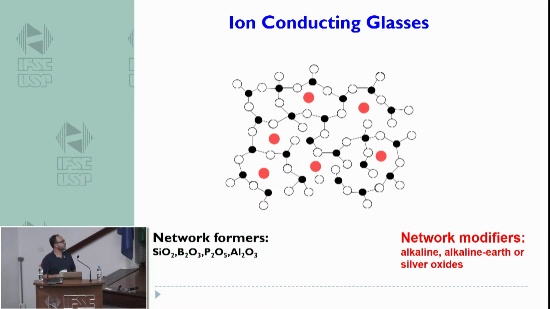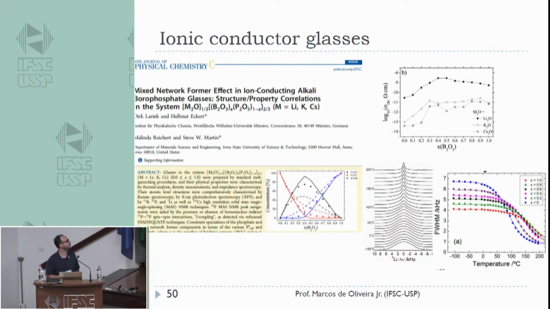So for glasses, we can separate some aspects of glass characterization. The first one is that we can measure mobility by NMR, so we can measure mobility of the ions in, for example, ion-conducting glasses. I put only one example here, where you can see a lithium spectrum varying as a function of temperature.